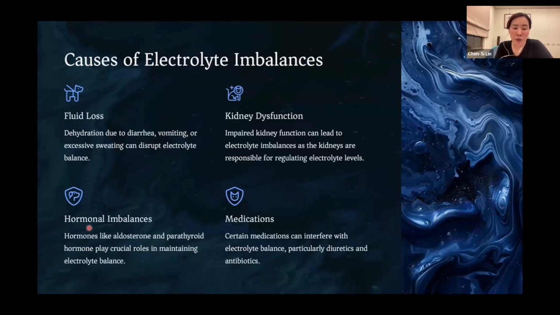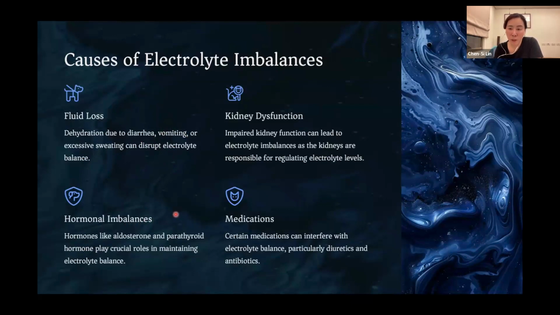And another issue we need to know is that the balance of these minerals is maintained by some specific hormones.